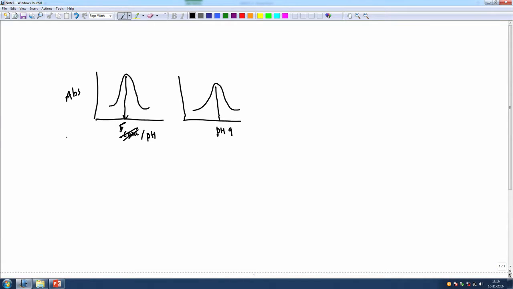Now, by operating the reaction at pH 5, I can make sure that the reaction at pH 9 is not obtained.